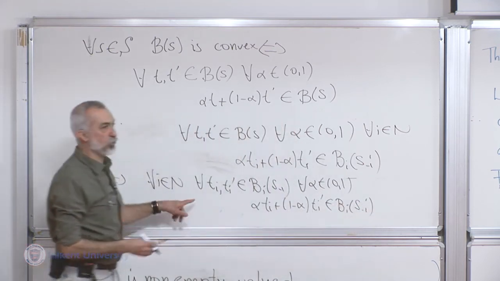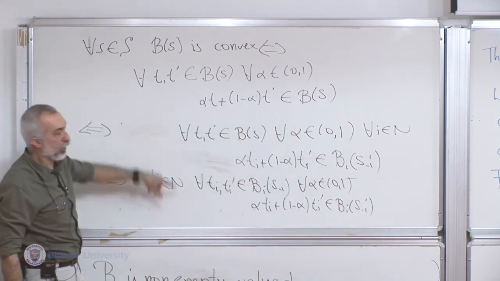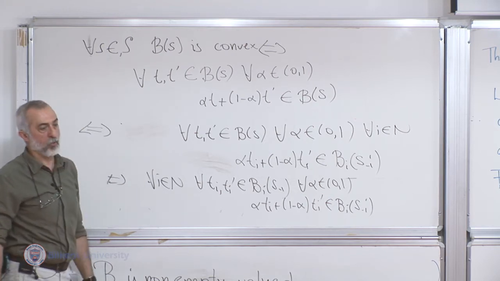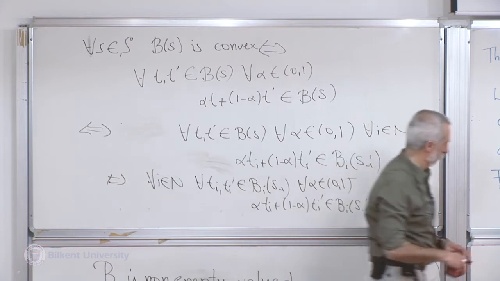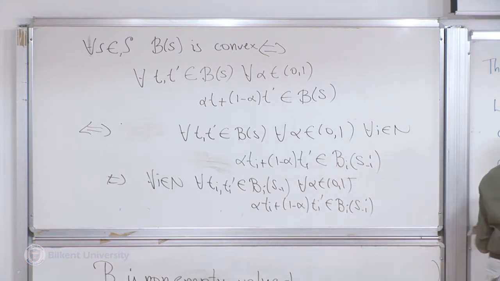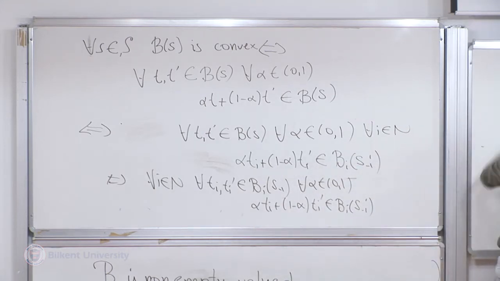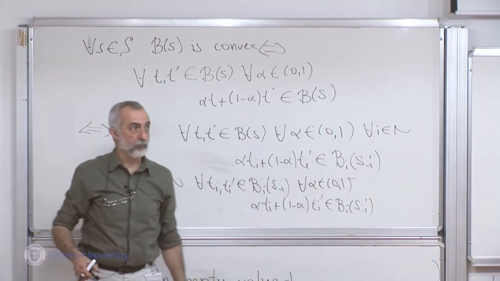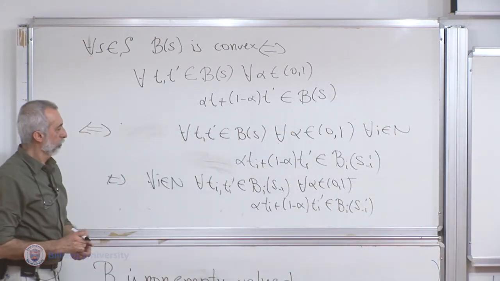Okay, so this is what we want to show, because this is equivalent to this. They're all if and only if. This is what we want to show. Okay? So, how do we show that?